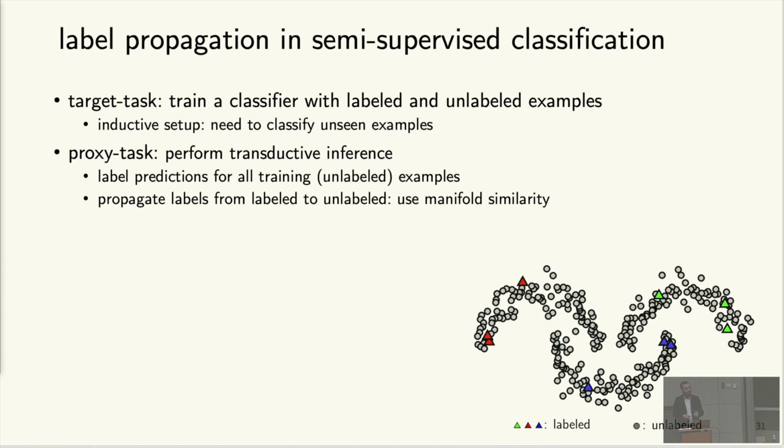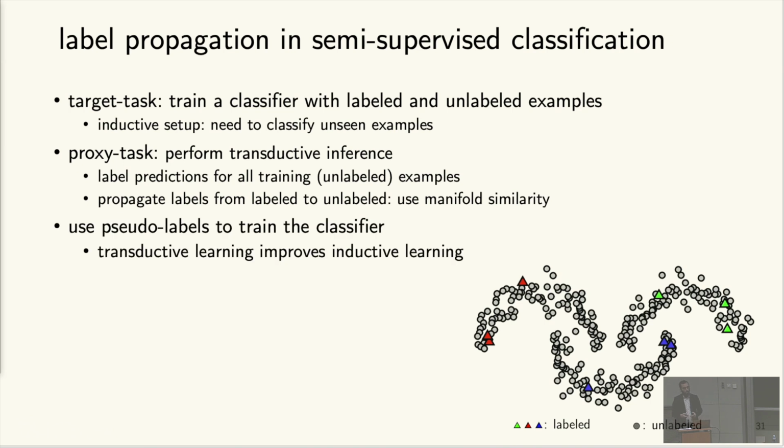Compared to before, when we were using a single image as a query, now the queries are all the labeled examples of a class. And we do this for all classes. At the end, the goal is to use these predictions as pseudo-labels and train a classifier. So at a high level, we're trying to exploit the result of transductive learning to improve inductive learning.